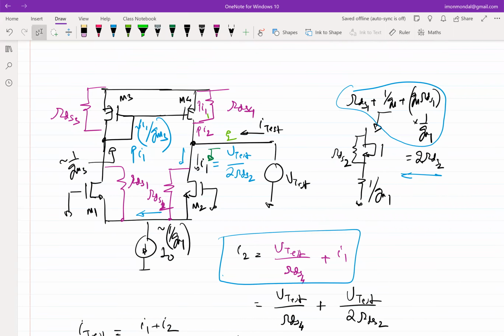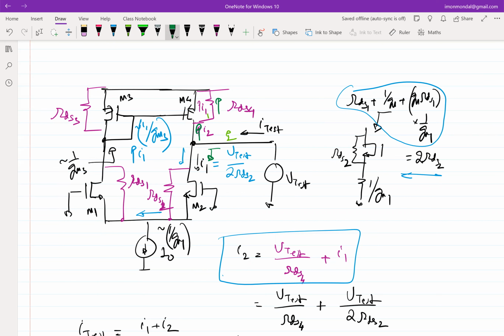What is I2? By definition, the direction we have marked is the current going into the drain of M4. That current obviously has I1 included because of the mirroring. Extra is the current through RDS4. Yes. Exactly, it's 2I1 plus current.